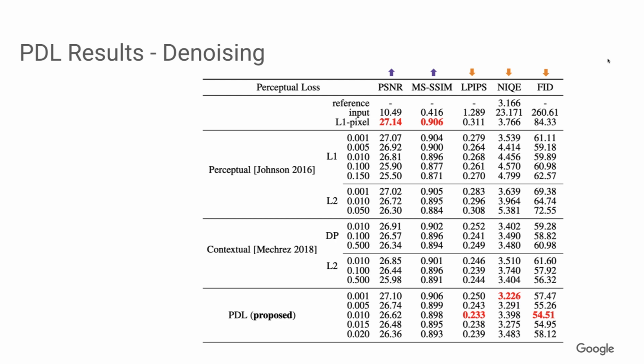We evaluated the proposed loss by comparing classical reference metrics, such as PSNR and the Structural Similarity Index measure, and also more recent perceptual quality metrics such as LPIPS, and the non-reference based ones, NIQE and the Fréchet Inception Distance between the generated and reference image sets.